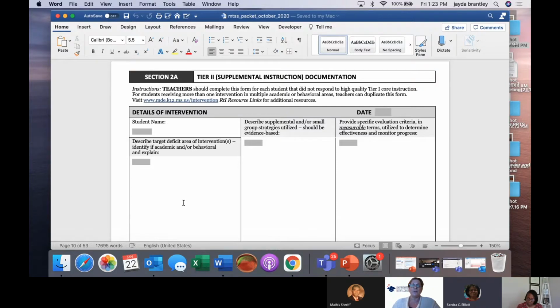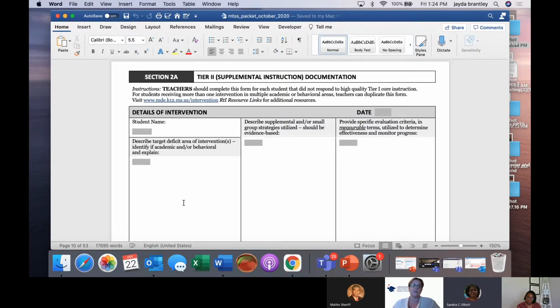For an upper level student, you may say we're going to work on comprehension, and maybe you're going to work on all aspects of comprehension, all of those sub skills. So you just write in general comprehension. But if you need to drill down and be more specific, you can. In your diagnostic assessment, you might see, hey, this child can do sequencing of events easily.